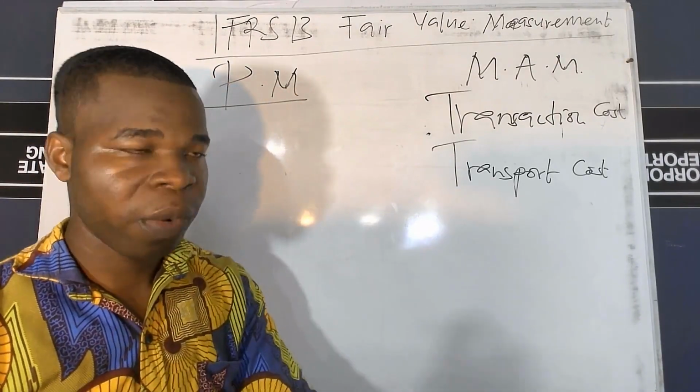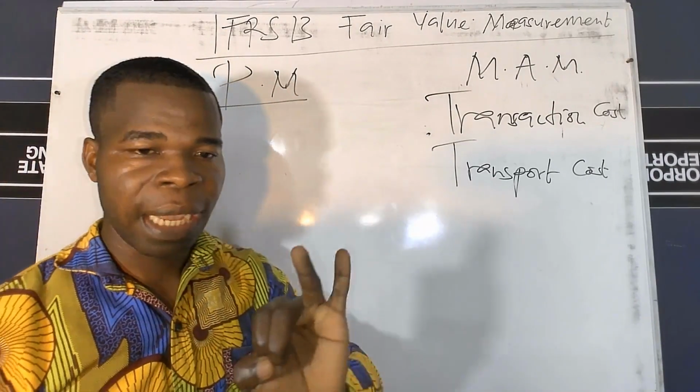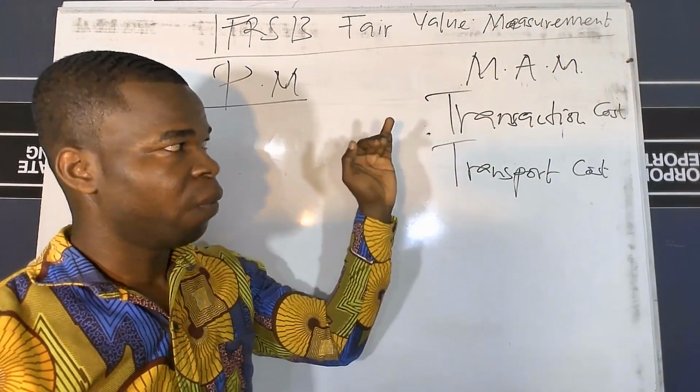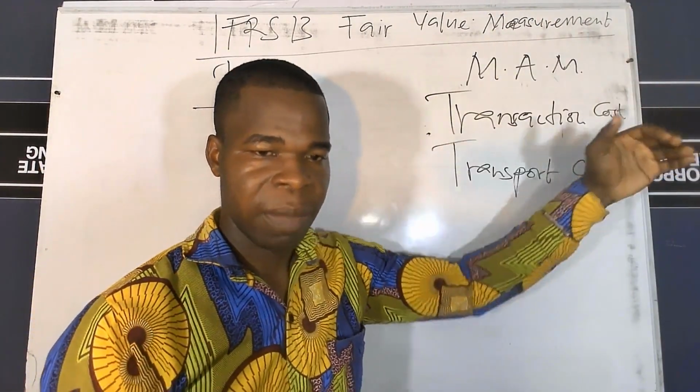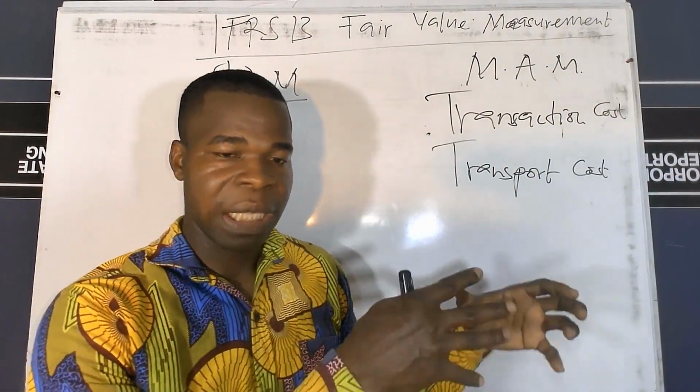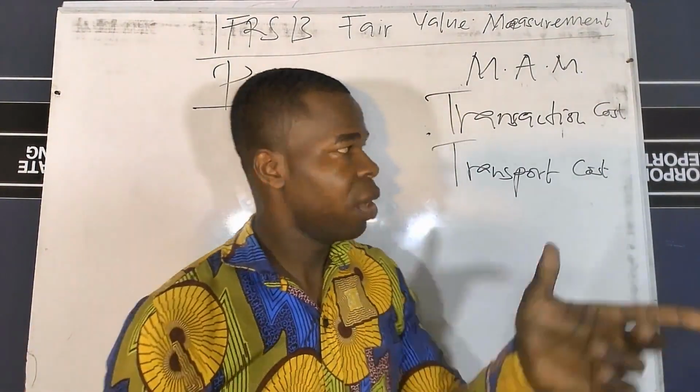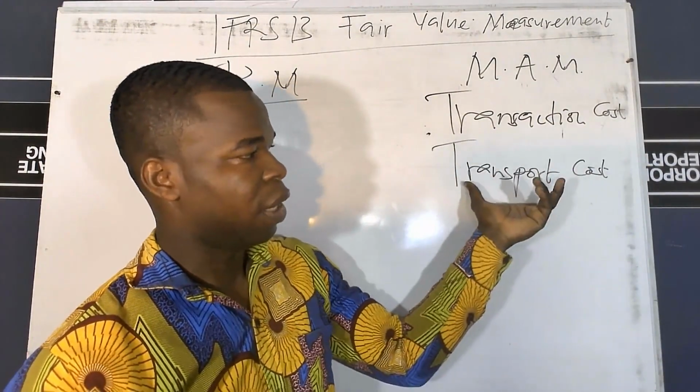But in a case where there is no principal market, then the entity must resort to a most advantageous market. Before you can say that this is a most advantageous market, you have to consider the transaction cost and the transport costs.